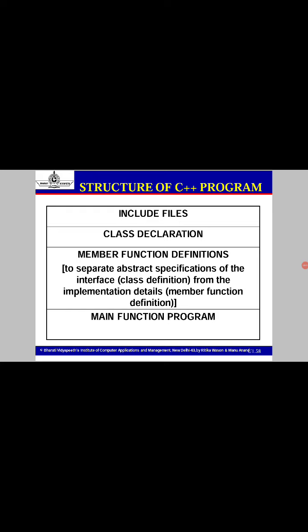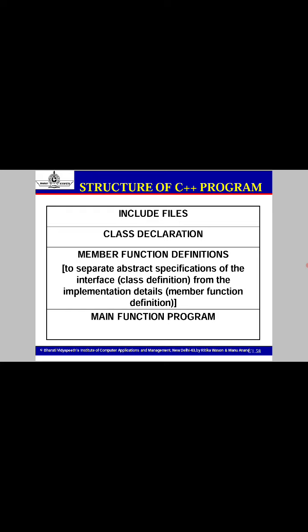The structure of a C++ program includes files, class declaration, member function definition, and main function program. It includes header files like iostream.h and others.